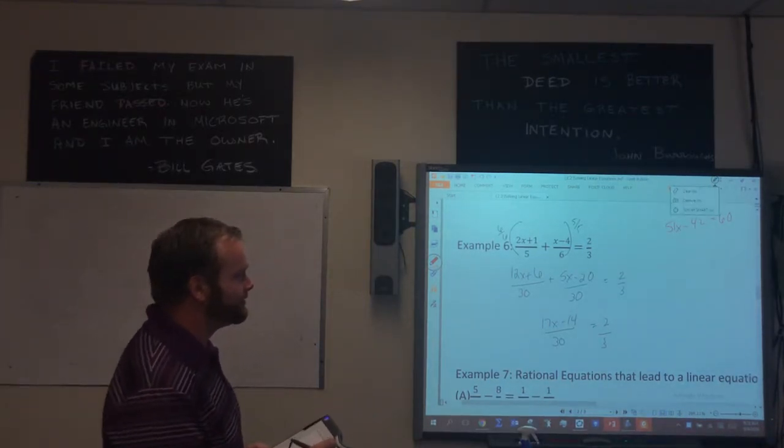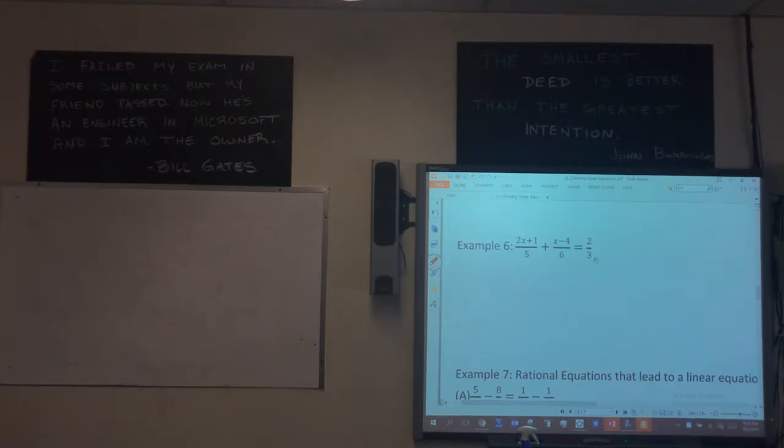Because it's an equation, and we've got 3 parts here, why not just find the LCD and multiply every single term of that equation by the LCD? What is the lowest number that each of these 5, 6, and 3 will divide into evenly? 30.